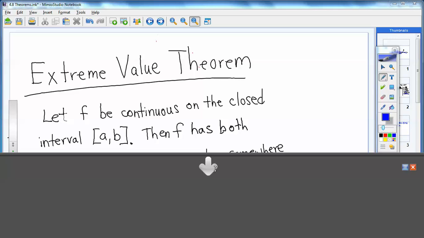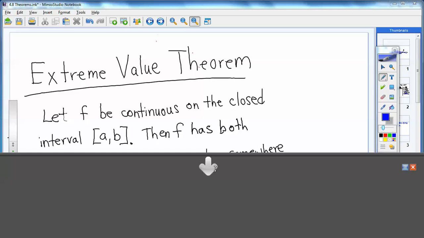So continuous functions, remember, are smooth, excuse me, not smooth, but they connect. Continuous functions are connected. There's no breaks, there's no holes, okay? There's no jumps, no vertical asymptotes, that kind of stuff. So the idea here is, if we know a function's continuous, what good information does that tell us? Well, this theorem is one of the things it tells us.